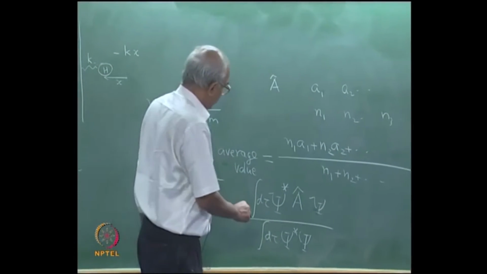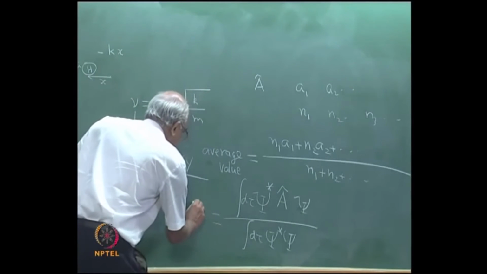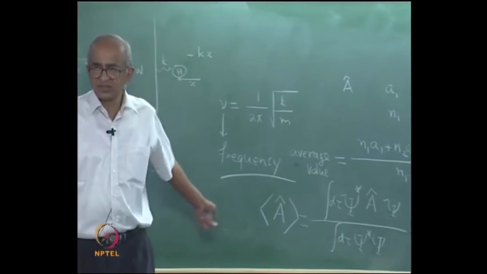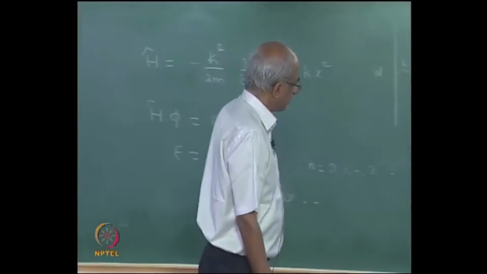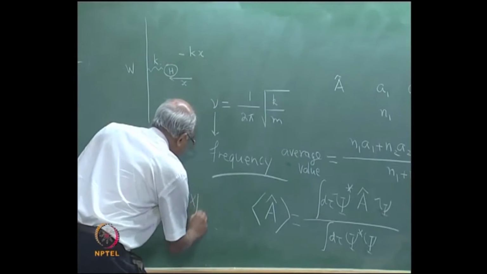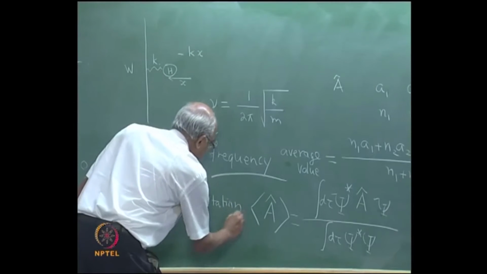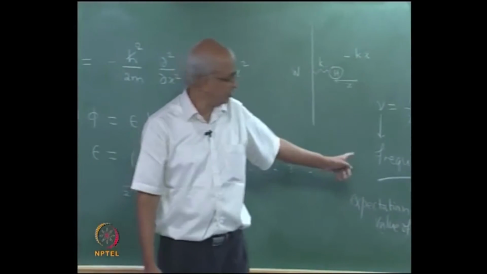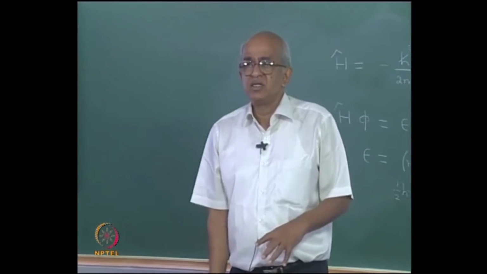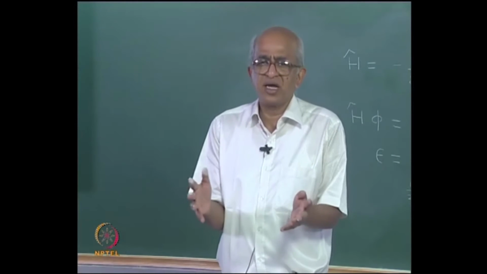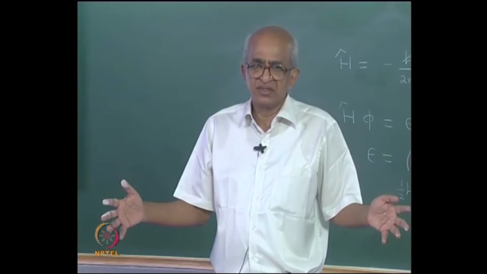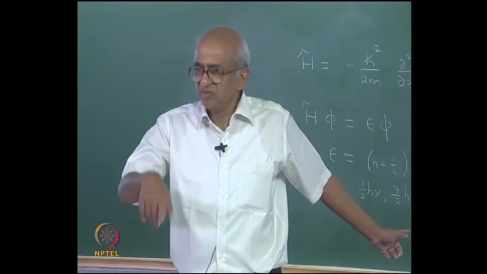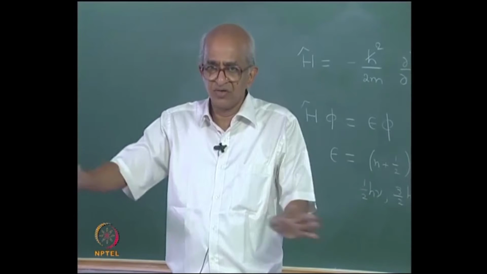And this object in quantum mechanics, it is usual to denote by the symbol A with brackets on both the sides, and it is referred to as the expectation value of the operator A. So, what this says is that if you wanted to find the average of a large number of experimental measurements, all that you need to do is just calculate the expectation value of A using your state function, that is enough, that will give you the average of a large number of measurements.